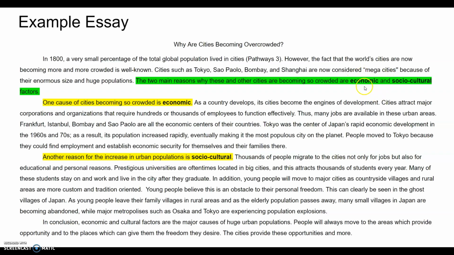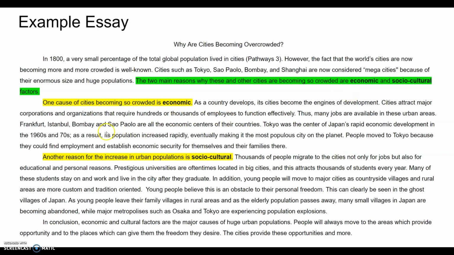Each one of these controlling ideas will become part of the topic sentences in each body paragraph. So if we look at the first body paragraph here, one cause of cities becoming so crowded is economic. So this paragraph will be related to this first controlling idea.